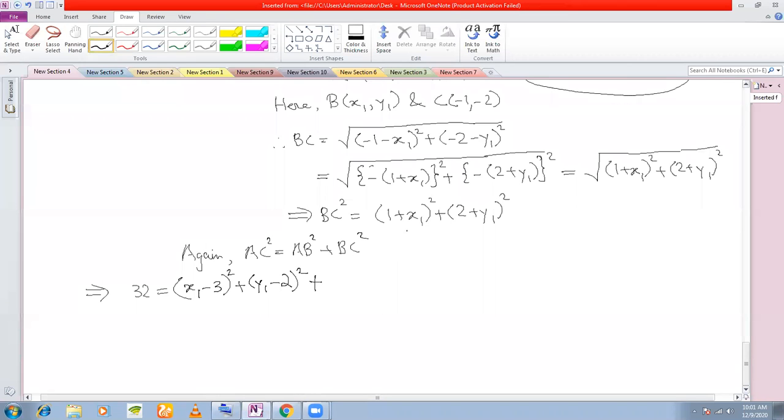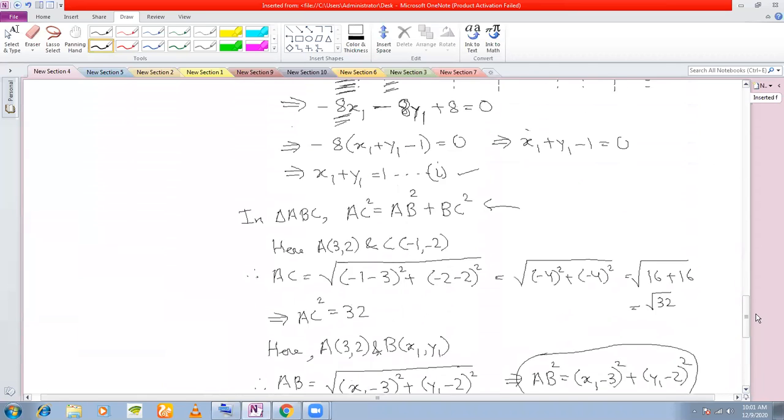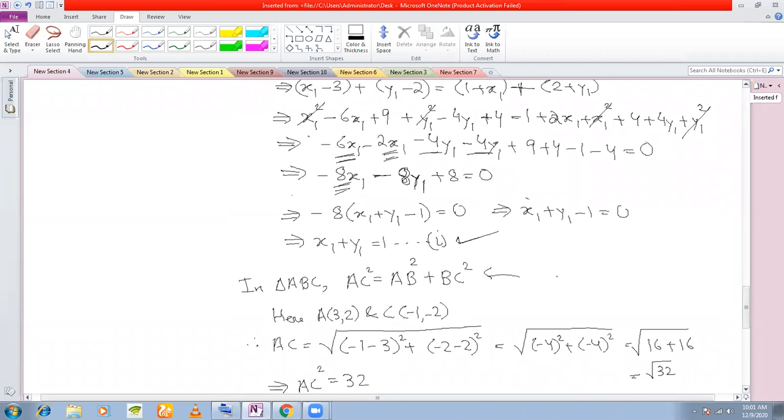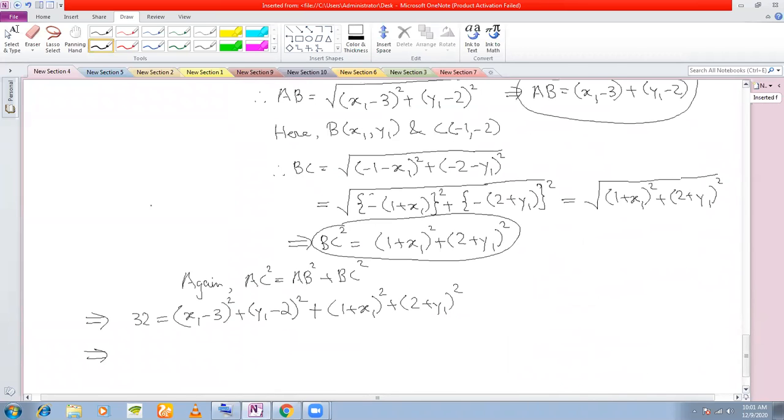BC square we have found out here. Okay, so we put the values. Now we'll simplify this and we'll try to get an equation here. The first condition AB is equal to BC gave us an equation here. Equation number 1, right? This one. So this will also give us an equation.